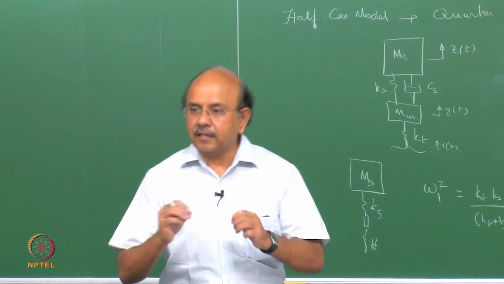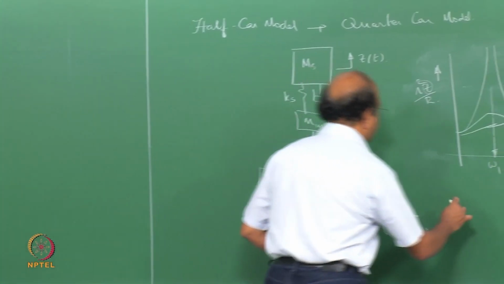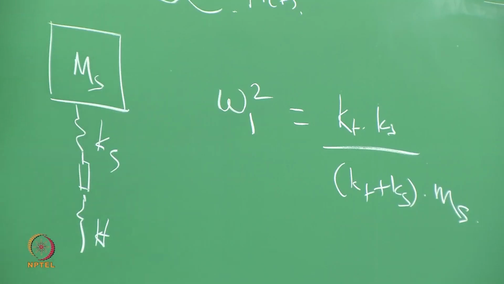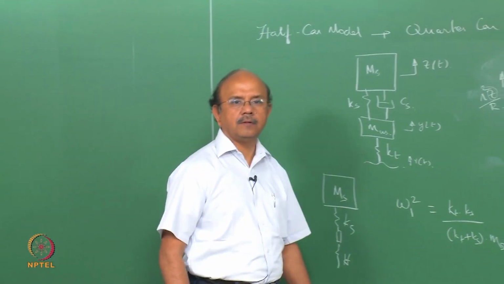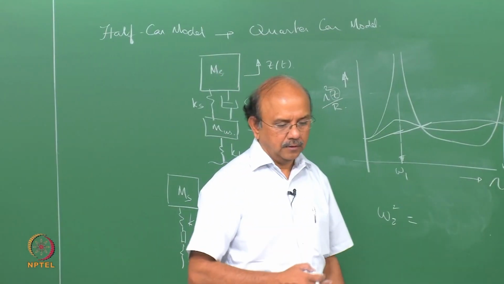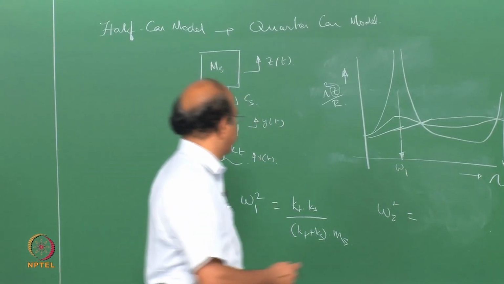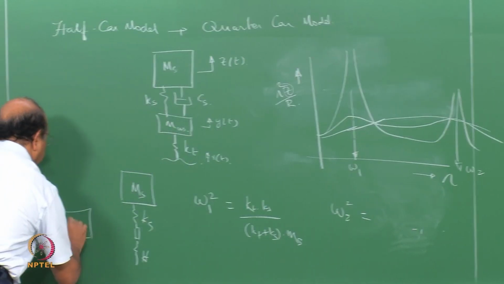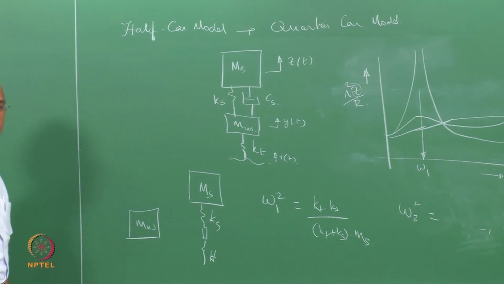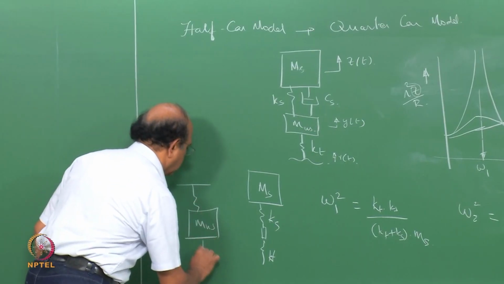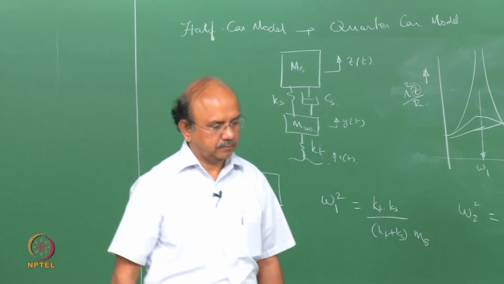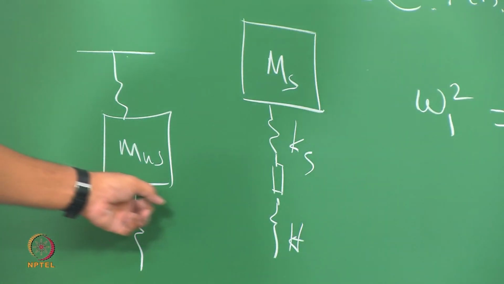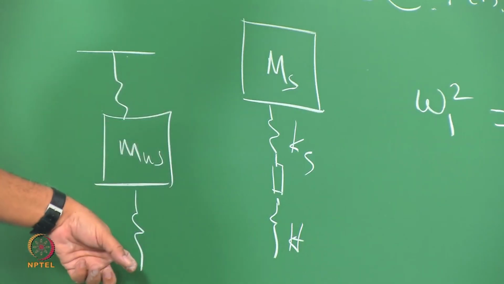So the other omega 2 is arrived at by assuming that the other end is fixed, and you have this mass, sorry, let me draw it here, as m unsprung mass. This is not in series because both of them are going to take the load, so they are in parallel.